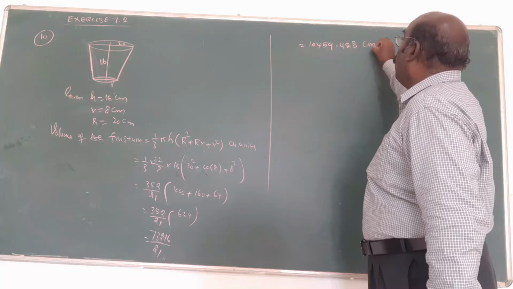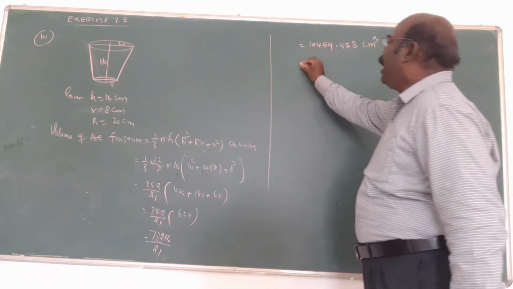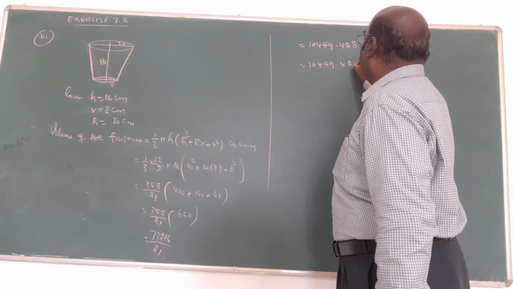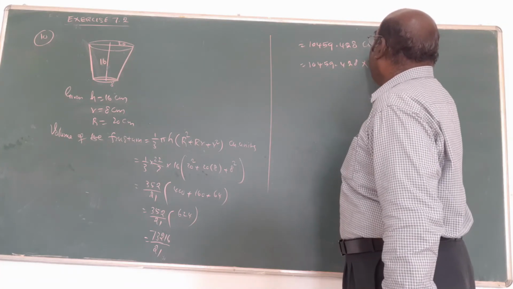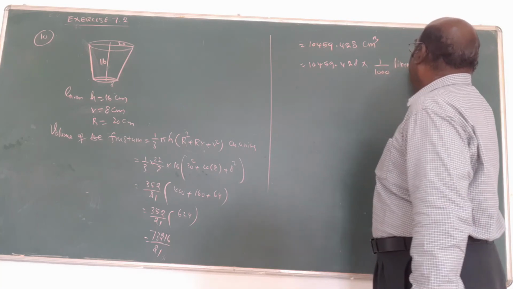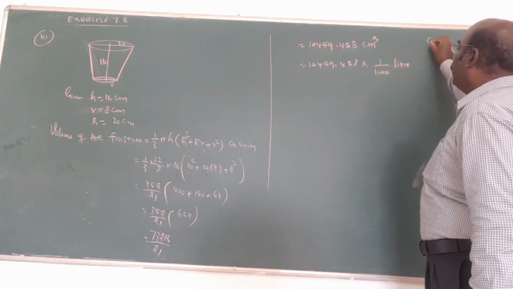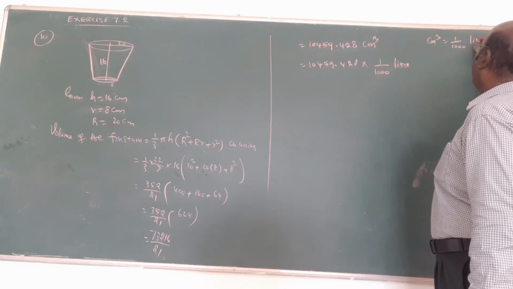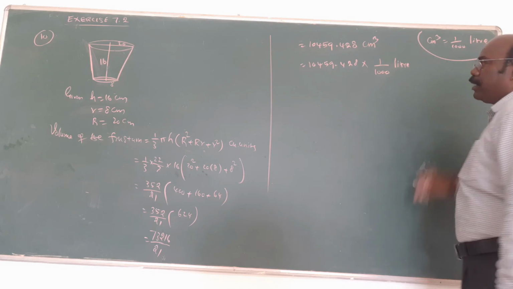Now 73216 divided by 21 gives 10459.428 centimeter cube. Already I told you, 1 centimeter cube is 1 by 1000 liters. This is our conversion rate.